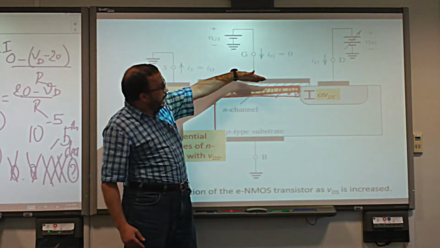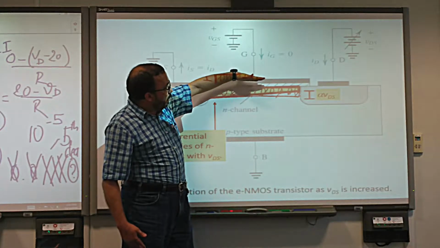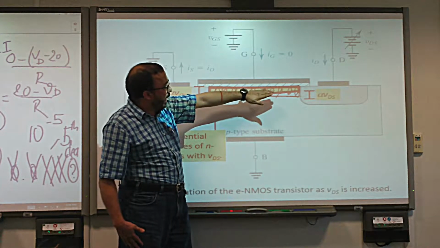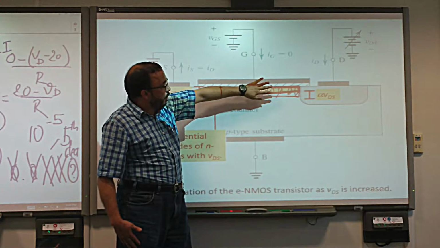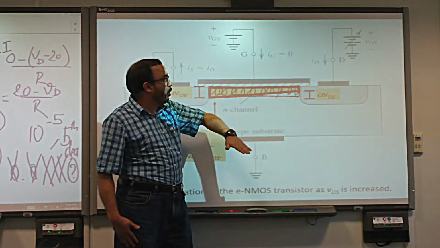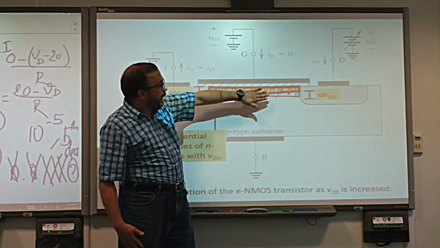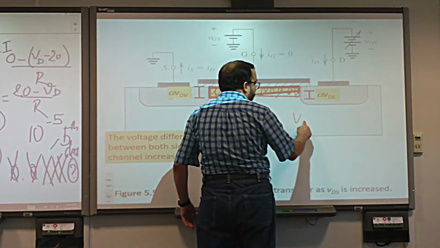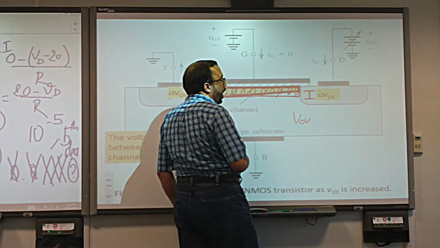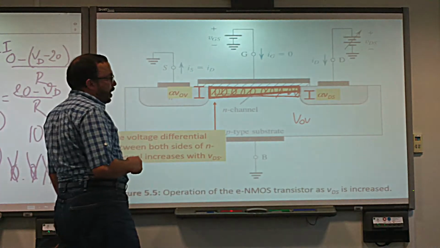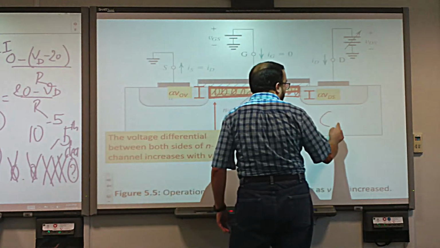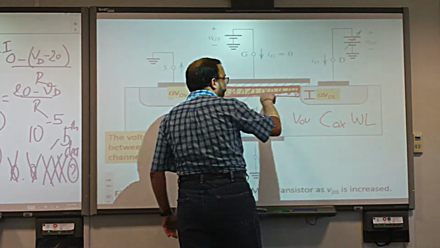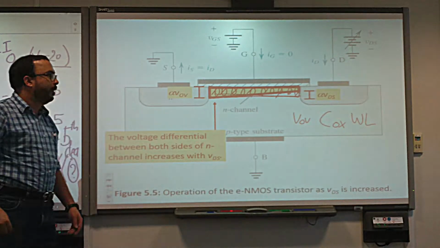Now, the gate will create them, and we said that the amount of charge in the channel is going to be equal to the voltage that creates them, which is basically the overdrive voltage. Okay, V overdrive multiplied by the capacitance, which is Cox times WL, the capacitance of the whole thing, if you remember.